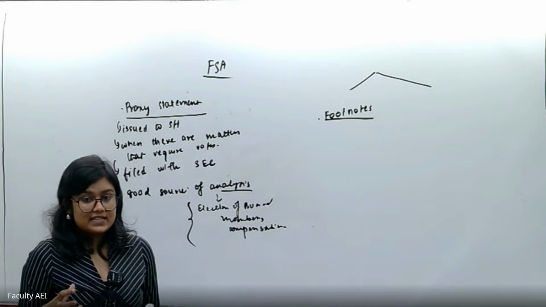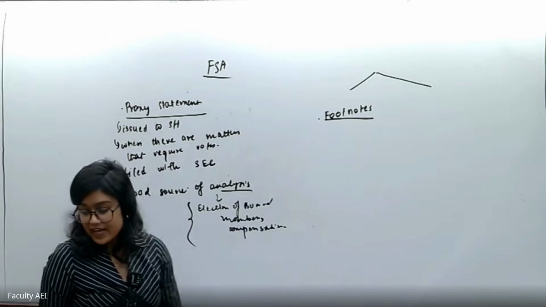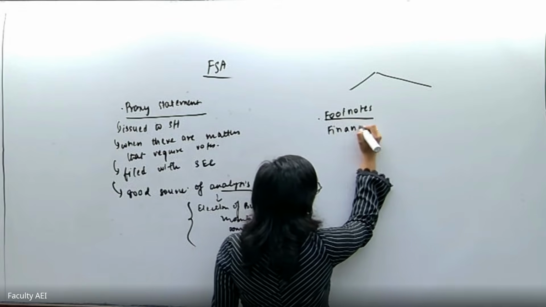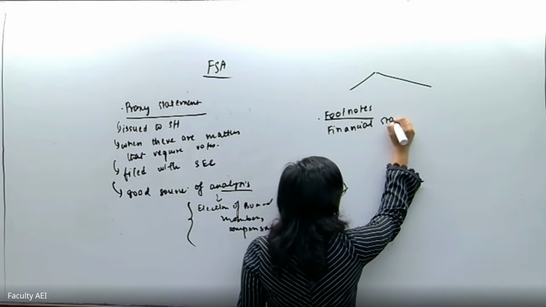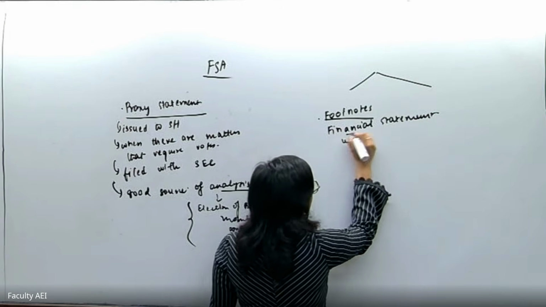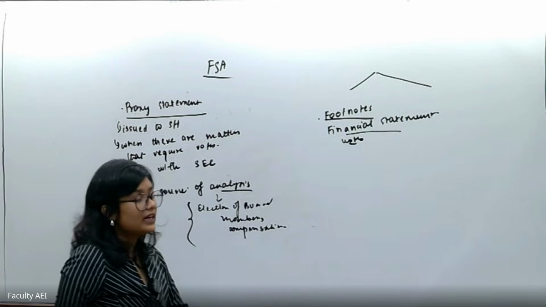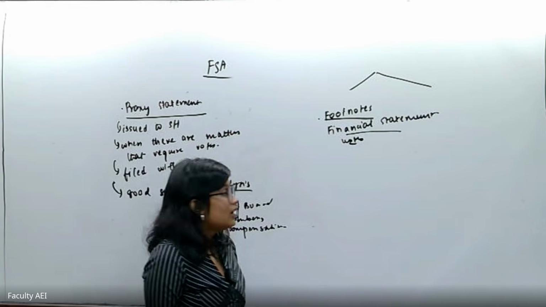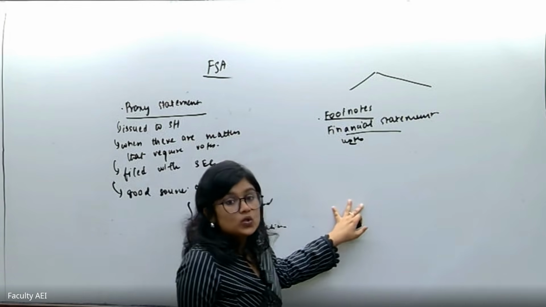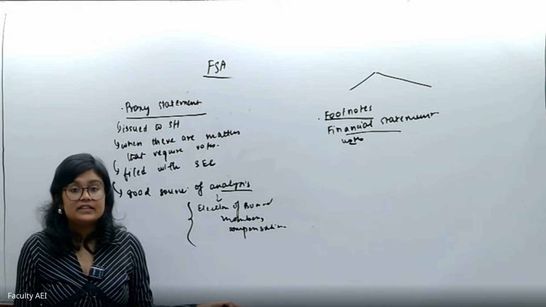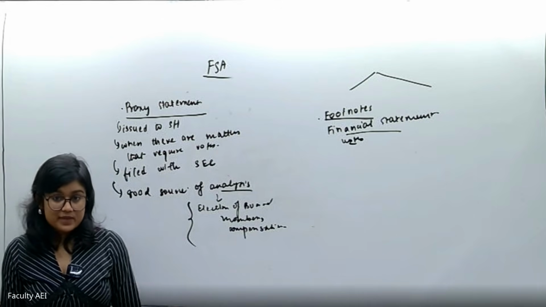So all these things are presented in footnotes or financial statement notes. That is, at the end of the balance sheet, it will be written that this contingent liability is expected if I lose this case.